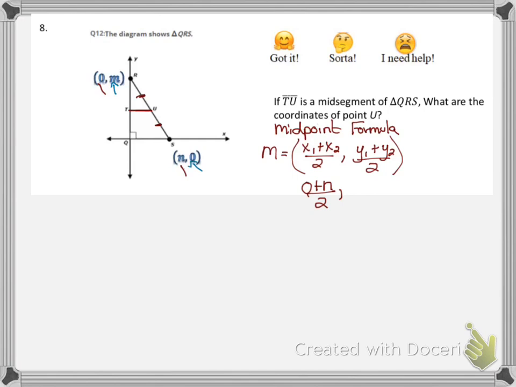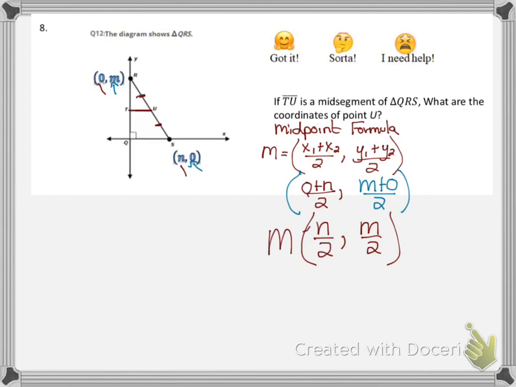So now we're going to have m plus 0 divided by 2. And then we have to keep that to where it looks like a coordinate point. So 0 plus n is n. So we have n over 2. M plus 0 is m. And this is our midpoint. So that's all you would have to do on this one.